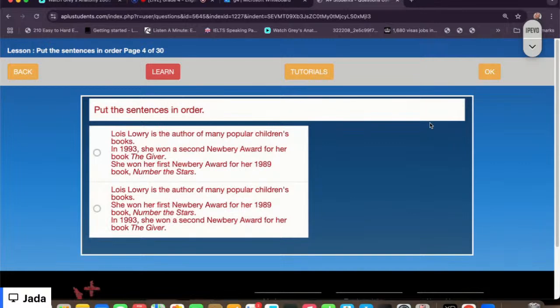So put the sentence in other. What should be the right order for this one? So what's the right order for this one?